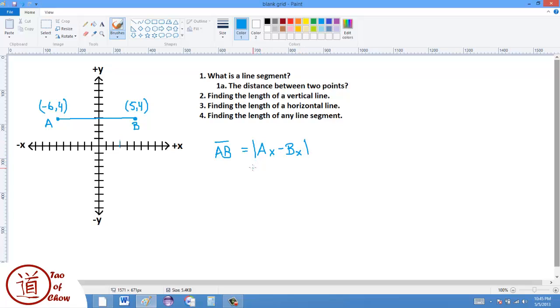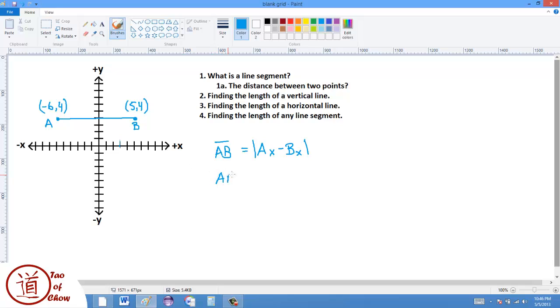Once again we're going to be looking at the absolute value of this, and the reason again is because this is a vector quantity. It matters where we're starting measuring and where we're ending measuring, and that's going to give us a different number. However, in these sorts of questions we really just care about the overall length of the line, so it doesn't matter to us if it's positive 10 or negative 10 or whatever it is. Let's take a look and see what happens here.